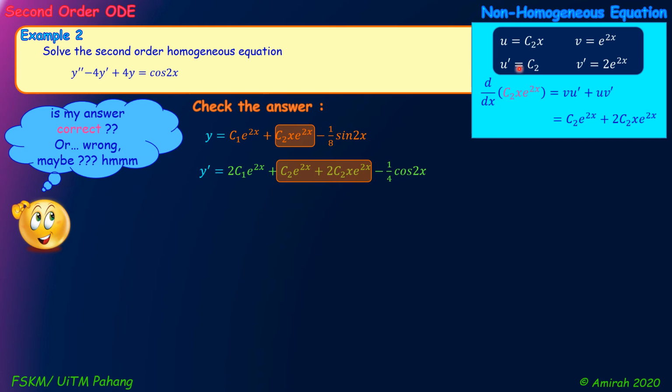So v times u prime gives C2 e to the power of 2x, plus u times v prime gives 2 C2 x e to the power of 2x.